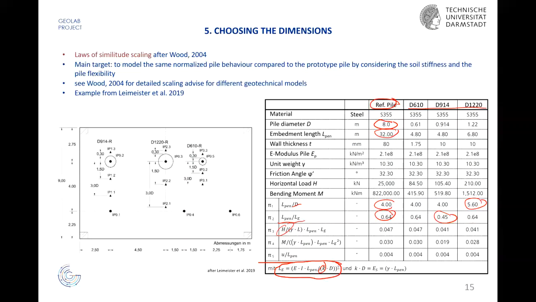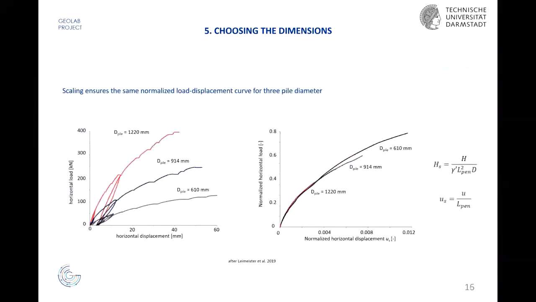So these three piles, you see, with some different dimensions, different wall thickness, and so on, have been tested. And on the left-hand side, you see the nominal result. So you have the horizontal load over the horizontal displacement, and of course, as expected, the smaller pile has much more deformation than the bigger pile.